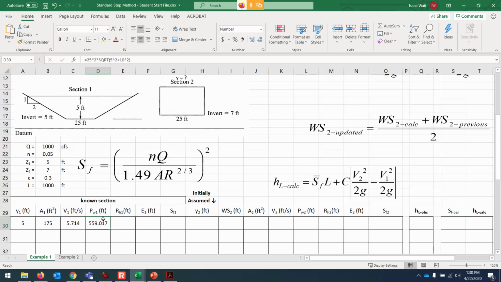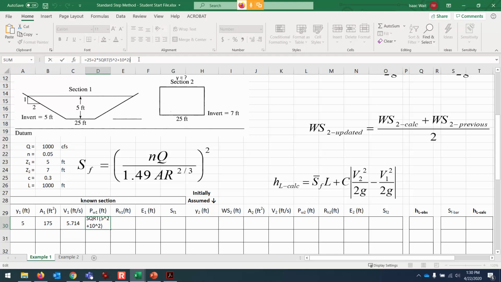Oh, somehow I've made a mistake there. Oh, plus. This should be plus, not times. Plus. So that's the wetted perimeter. So it's the distance on the side of the trapezoid and the bottom distance.